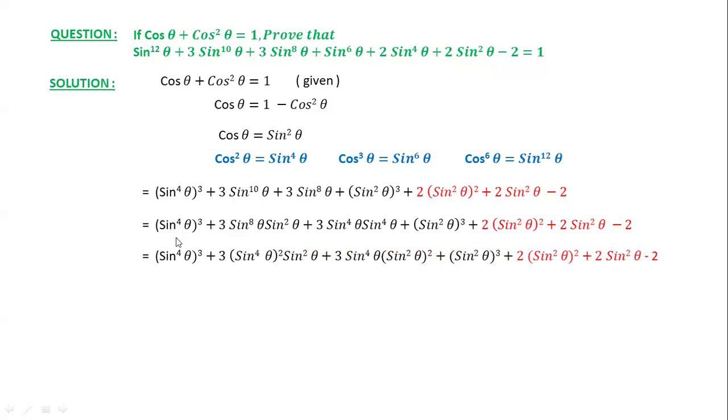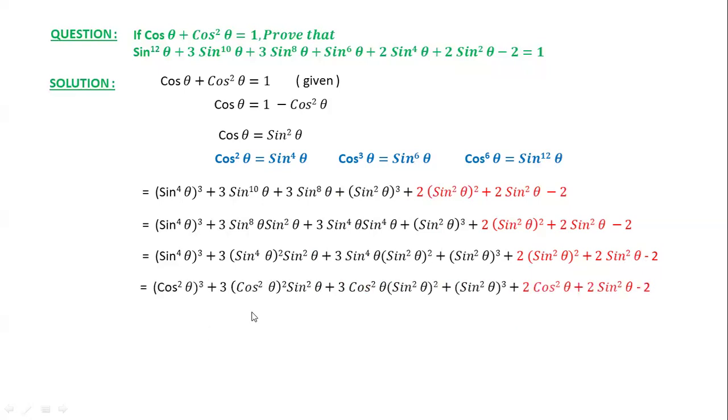This one, sine raised to 4 theta raised to 3. 3 into 8 I am writing it as 4 2s are 8, so sine raised to 4 theta raised to 2, sine square theta. 3 sine raised to 4 theta, and sine 4 I am writing as sine square theta raised to 2, 2 2s are 4. And sine square theta raised to 3, and 2 sine square theta raised to 2 plus 2 sine square theta minus 2.